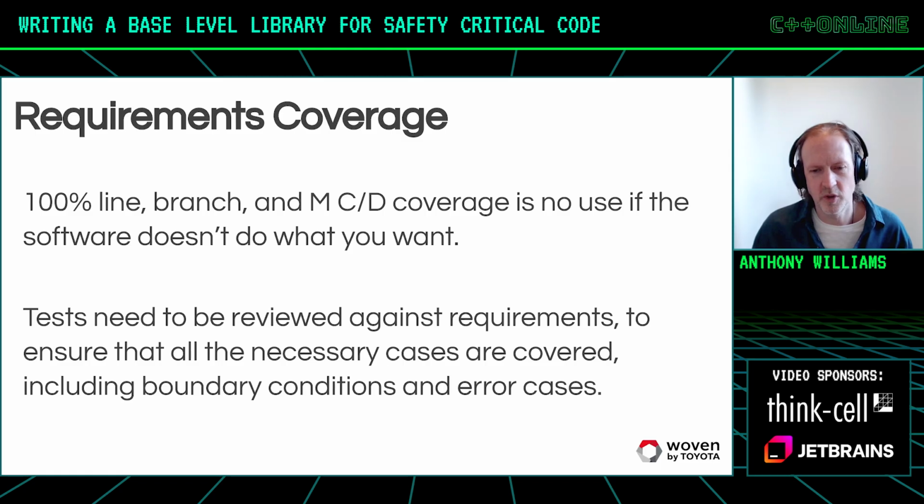So you need to make sure that not only are all the necessary cases covered, but boundary conditions and error cases, which are things that are often less readily thought of, are covered too. And that might be that you go back to your requirements and ask, what are we supposed to do when this input value is out of range?